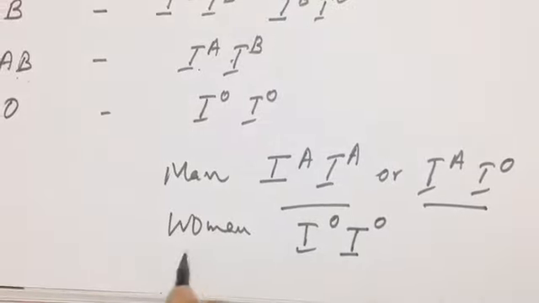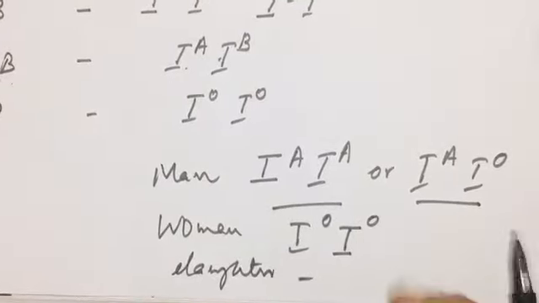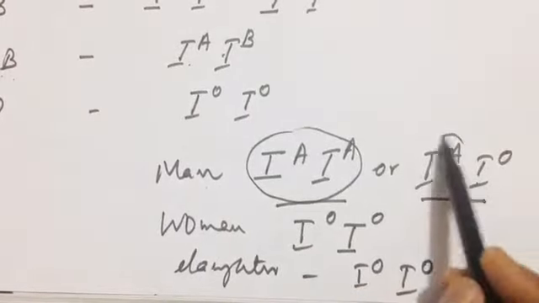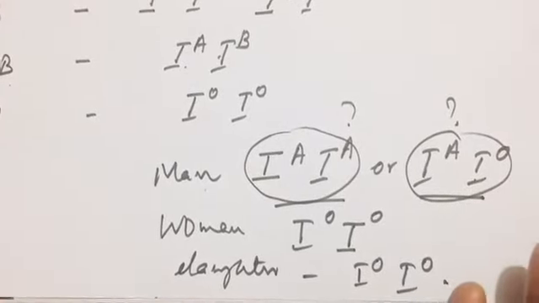It is clearly said their daughter got O blood group, so she will be IO IO only. Now you have to find out the man's genotype, which of these is the possible genotype of the man.